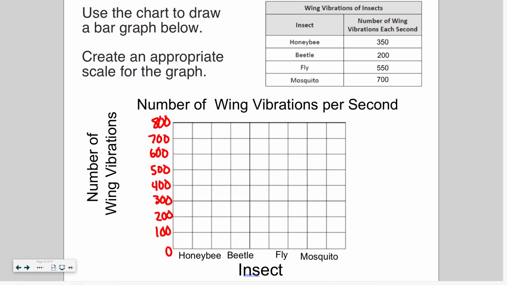Honeybee is 350. So 300 is right here, and 400 is here. So you know what? If I want 350, I'm going to do it right in the middle because half of 100 is 50. So half of this block here, right, each square is 100, will be 50. So I'm going to shade in this right here as 350 for the honeybee.